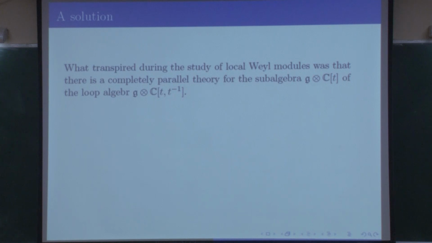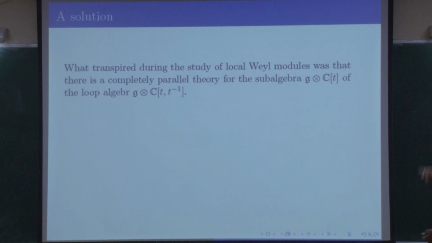Now, every representation of G tensor C[t, t inverse] is, of course, a representation of G tensor C[t]. But this algebra has one more representation than this, because here you can take t equal to 0, and here you cannot. And just that fact made life much more accessible, okay?